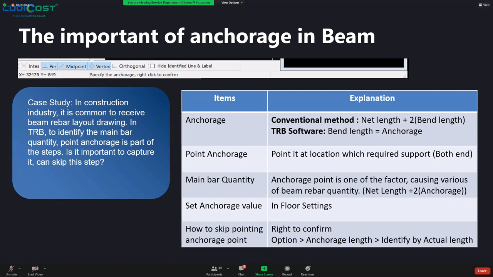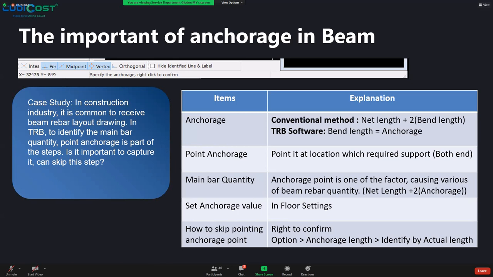So before this, I have tabulated, for example, five often asked questions in terms of anchorage. I'm going to explain to you all one by one. In terms of anchorage, the conventional method: how we understand this is net length plus 2 times band length.